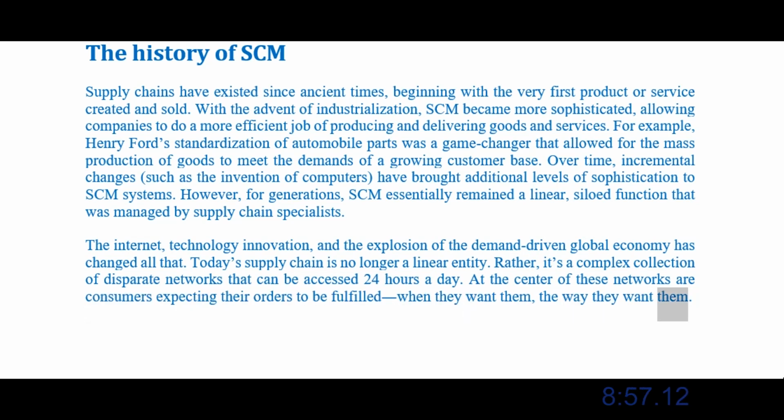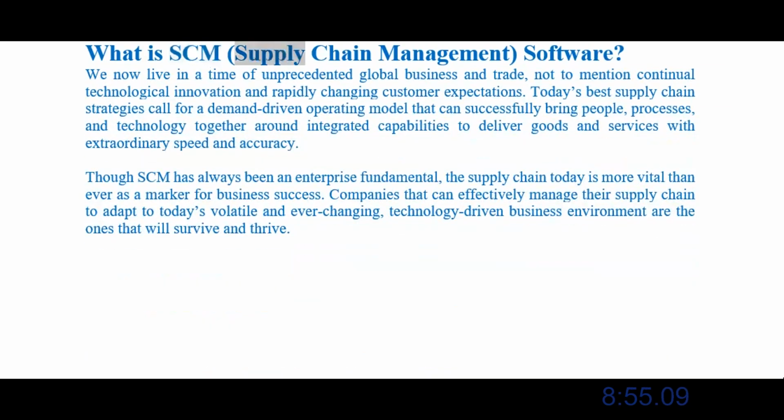What is SCM, supply chain management, software? We now live in a time of unprecedented global business and trade, not to mention continual technological innovation and rapidly changing customer expectations. Today's best supply chain strategies call for a demand-driven operating model that can successfully bring people, processes, and technology together around integrated capabilities to deliver goods and services with extraordinary speed and accuracy.